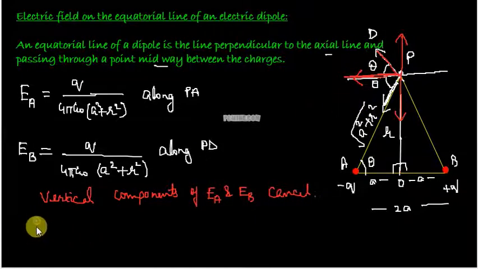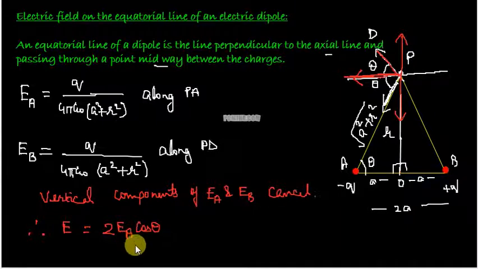So, the total electric field is going to be the sum of the horizontal components. That's going to be 2 times EA cos theta. Whether you take EA or EB, it's the same thing.